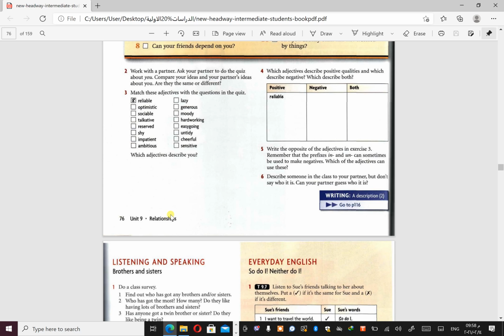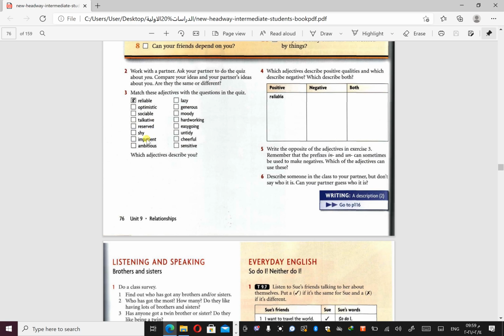And also the most important, if you look at page 76, it talks about the adjectives that describe a person's character. So we have reliable, إنسان موثوق, optimistic, متفائل, sociable, اجتماعي, talkative. Talkative here means someone who knows how to talk or lead people in conversation.